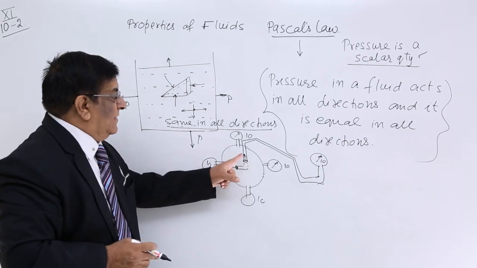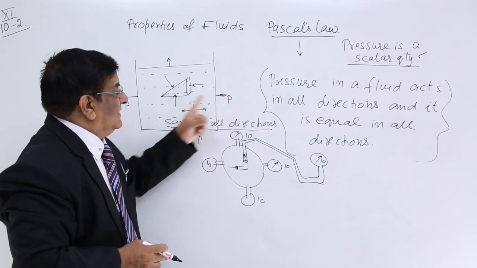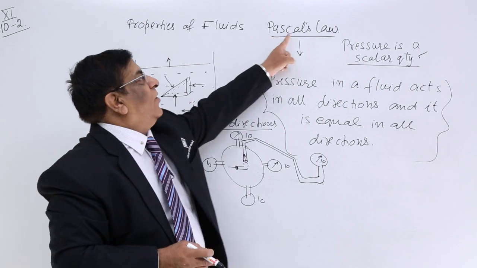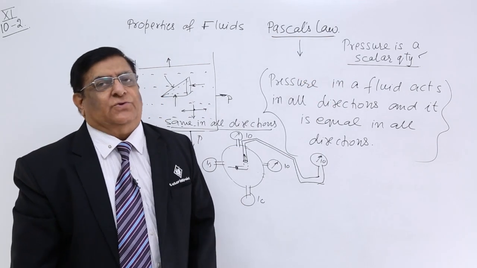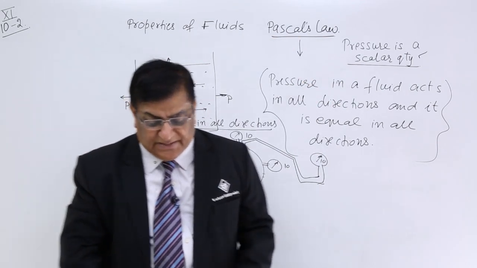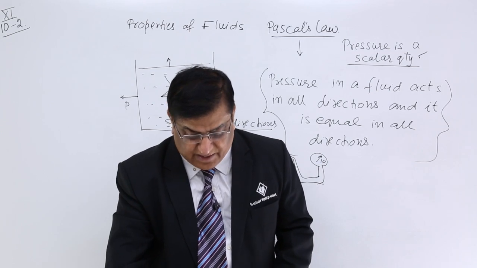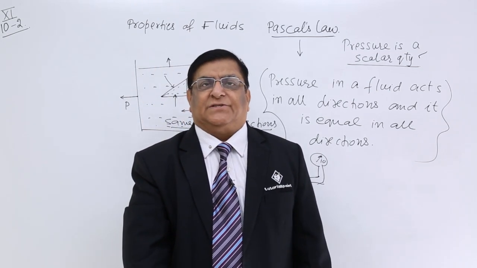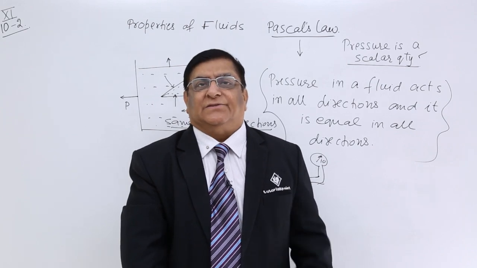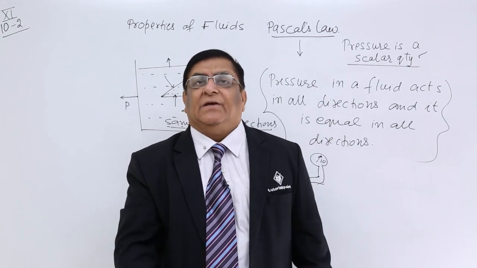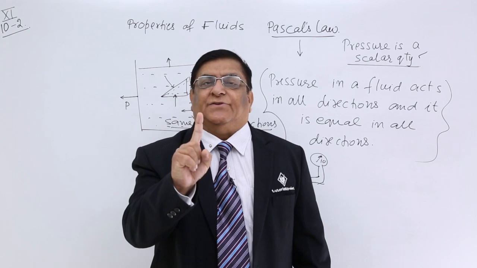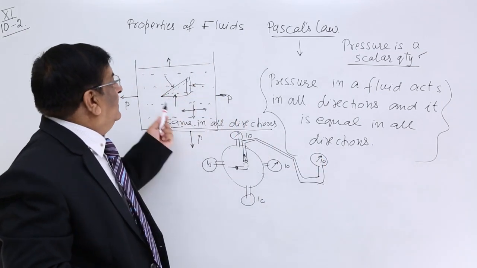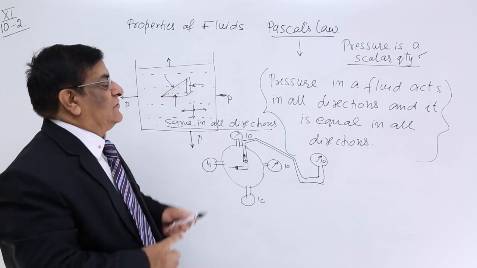So please remember this example, this example, and all these examples, and all these are what? Pascal's law. On the basis of Pascal's law, we are able to explain many things. The one thing we must remember is that here, when we are considering Pascal's law, we are not considering the force of gravitation on the molecules of fluid or on the molecules of this solid.